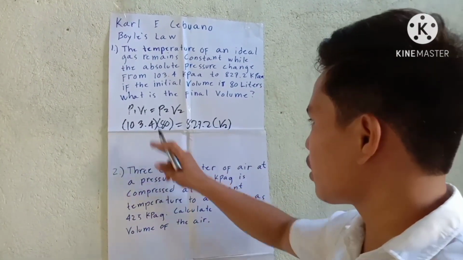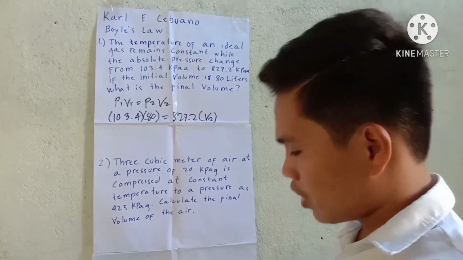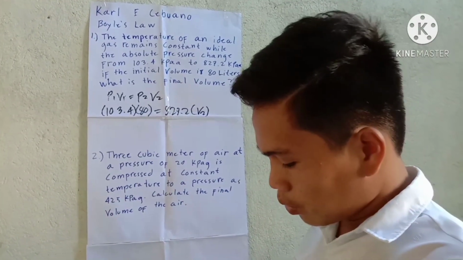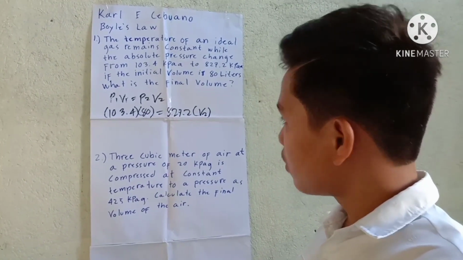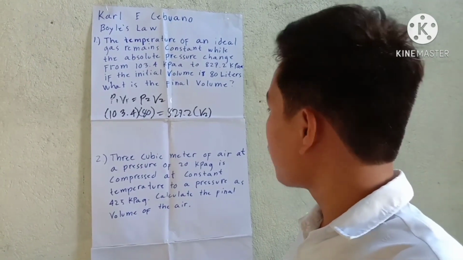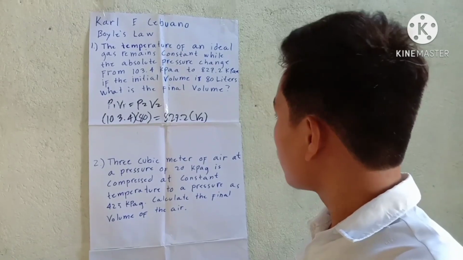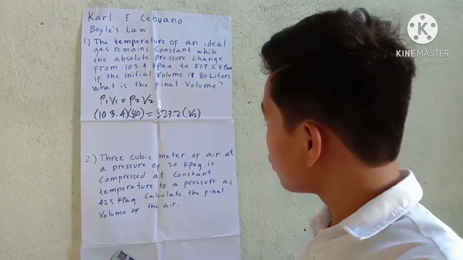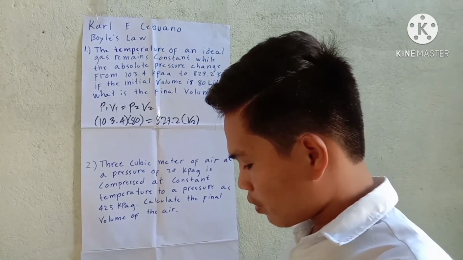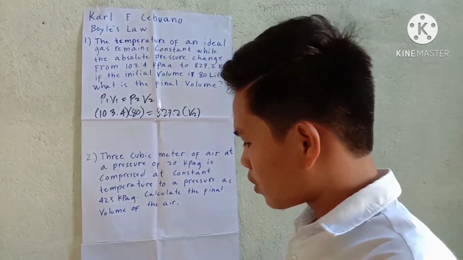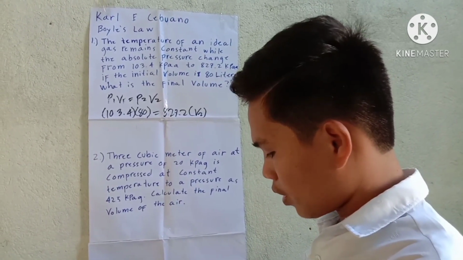In order to get that, we need to use shift solve. So 103.4 times 80 equals 827.2 times x.